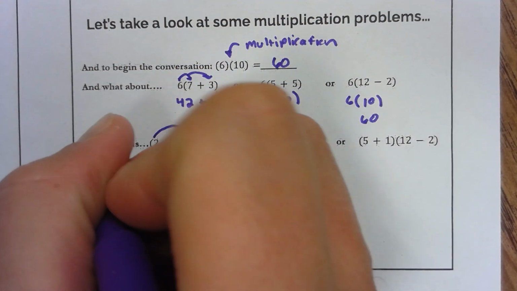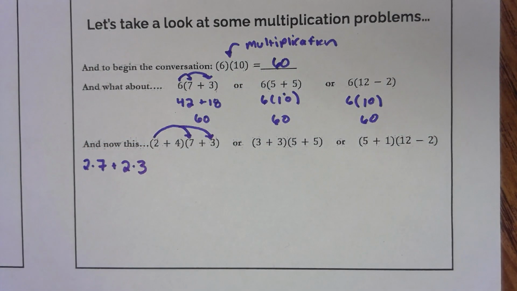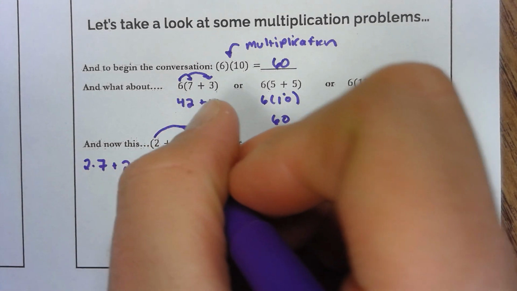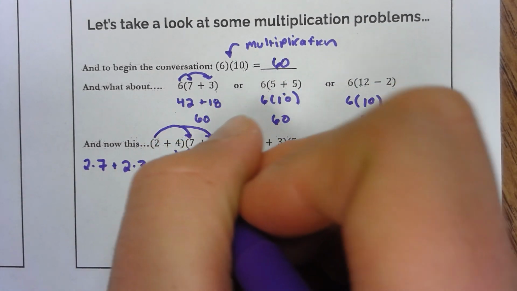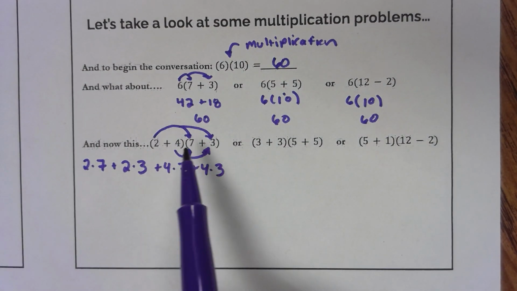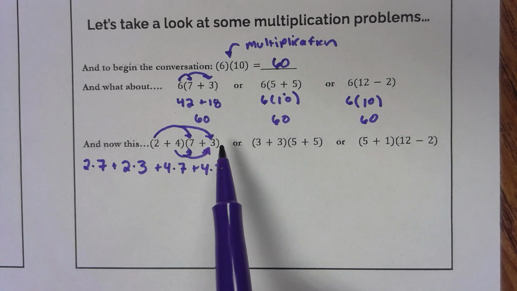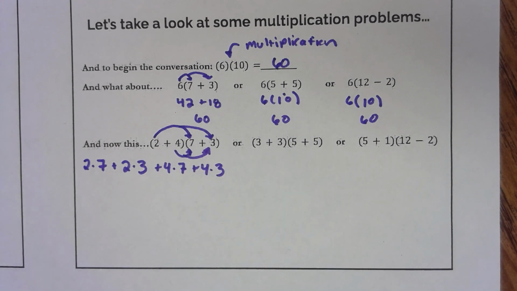So 2 times 7 plus 2 times 3. Then I would do 4 times 7, so plus 4 times 7, plus 4 times 3. The number in the first set of parentheses multiplies to both in the second set. The second number in the first parentheses multiplies to both as well.